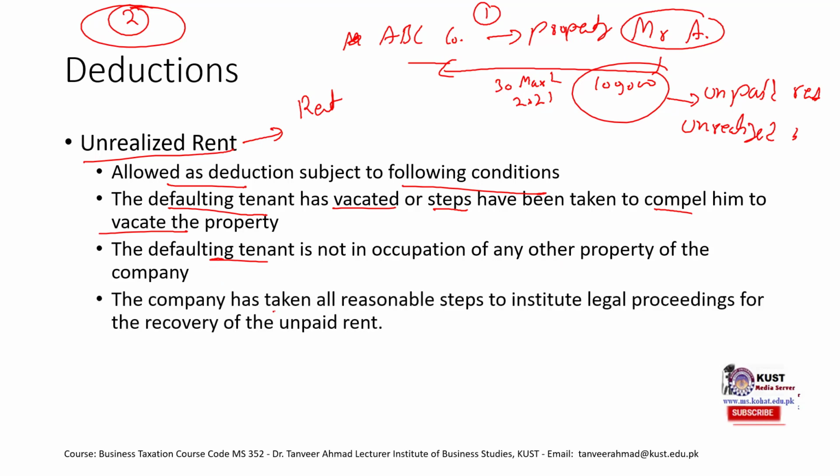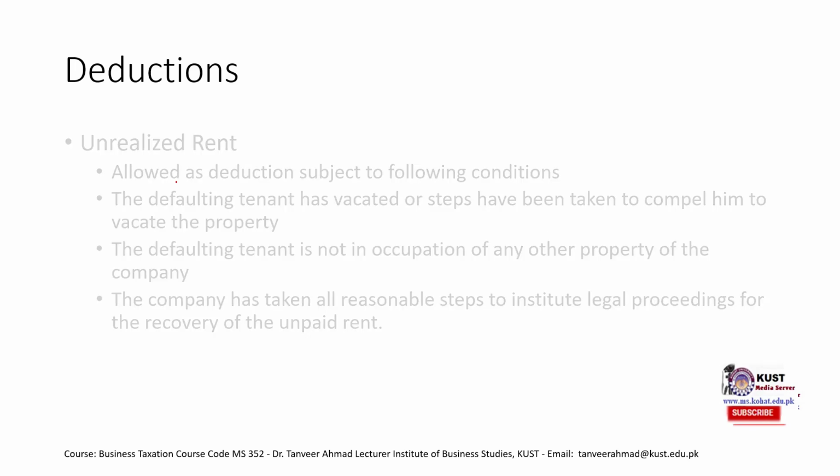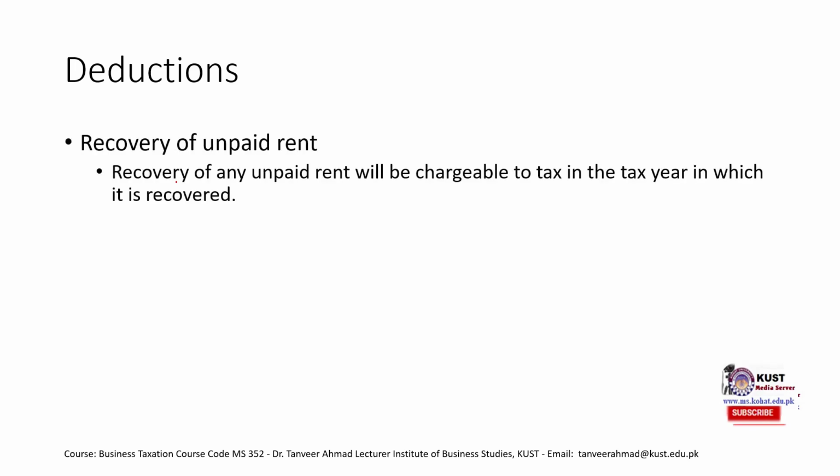The company has taken all the reasonable steps to institute legal proceedings to recover the unpaid rent. Again, they have proper evidences that they have taken all the legal steps that are required to compel Mr. A to vacate the property. Okay, let us say Mr. A vacated the property, and all the conditions explained in the previous slide were fulfilled.